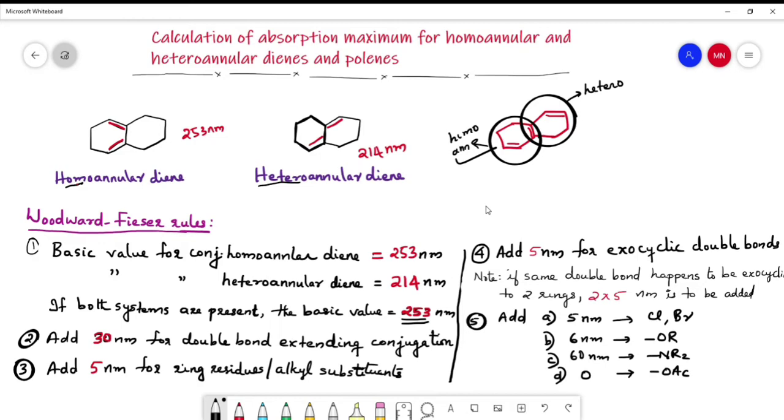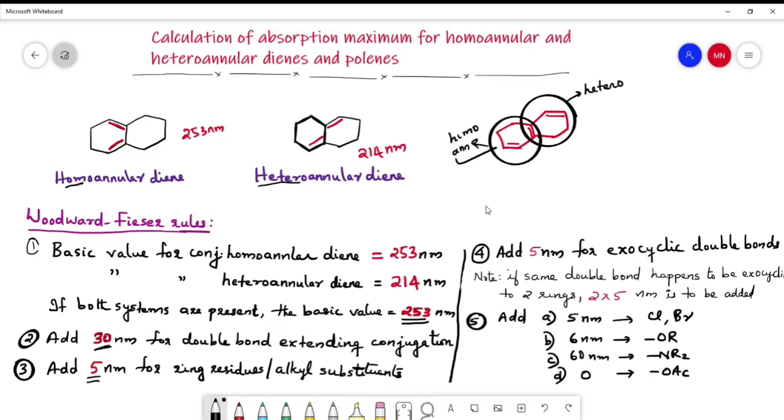Now, the second rule is that, as we have seen in the other cases also, add 30 nanometer for each double bond extending conjugation. The third is to add 5 nanometer for ring residues as well as alkyl substituents. The fourth is to add 5 nanometer for an exocyclic double bond.